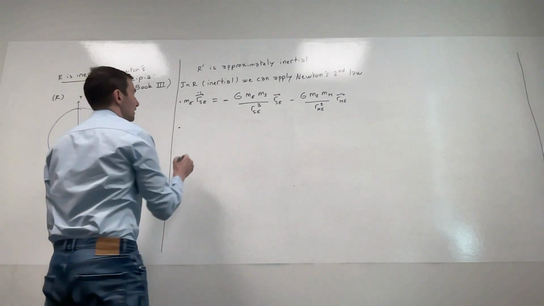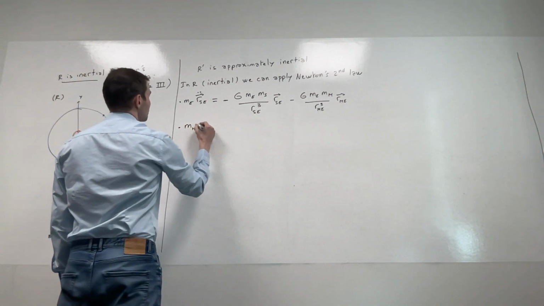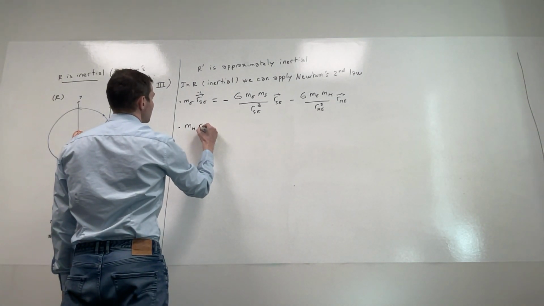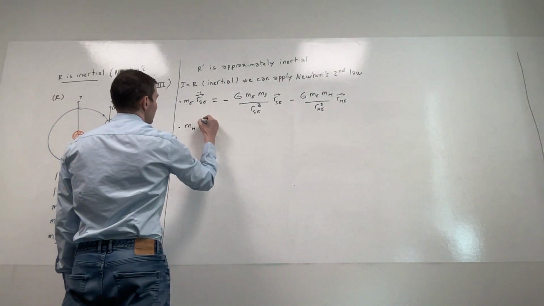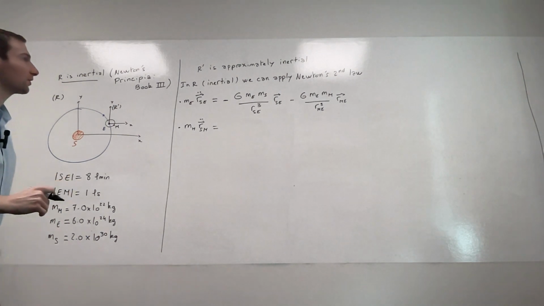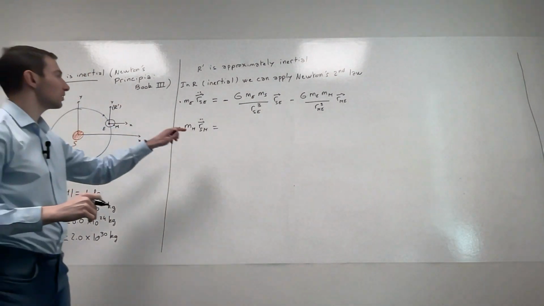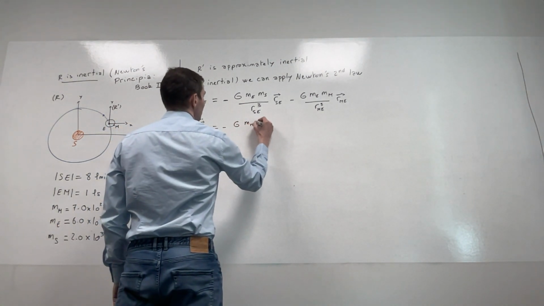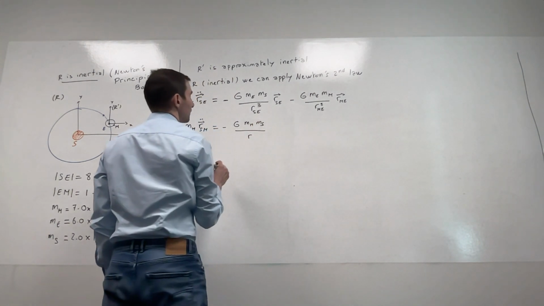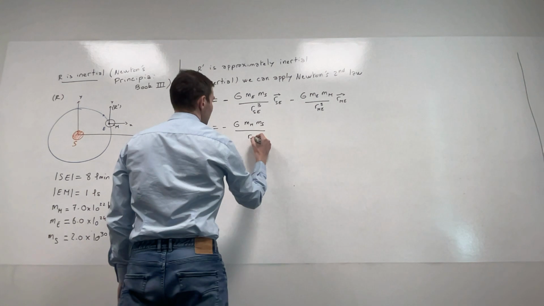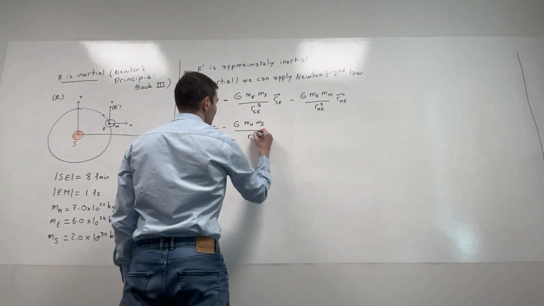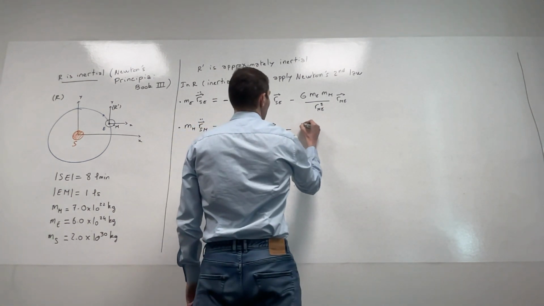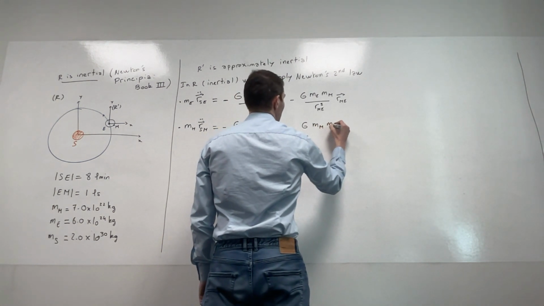Then the second equation is the equation of motion for the Moon. So that's M_M, R_SM double dot, because we are expressing things in this inertial frame, and that's going to be equal to minus G, so that's M_M M_S divided by R_SM cubed, and R_SM, and then minus G, and then that's M_E.